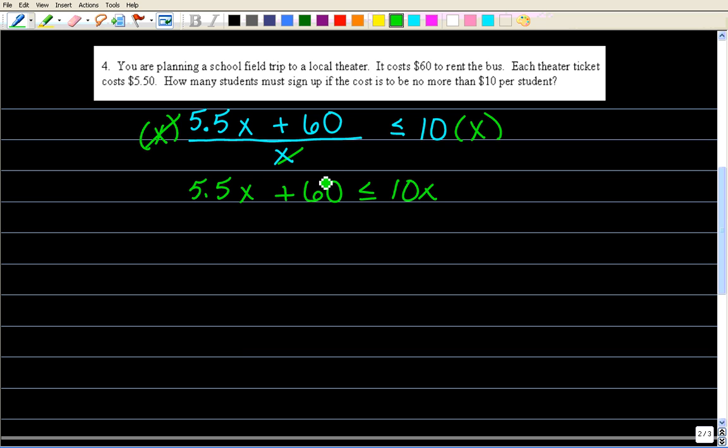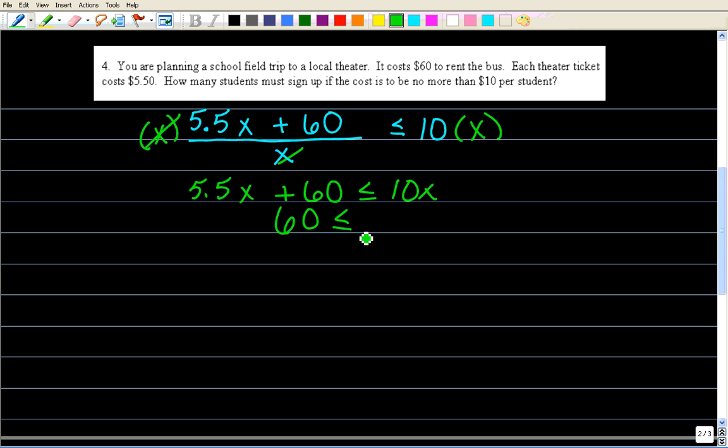And by the way, in case you're wondering, whenever we solved inequalities before, if it were positive versus negative, would we end up with two different answers? Well, x is not going to be negative because the number of students we have will not be negative. So we know that when we multiply both sides by x, the direction of the sign is not going to change.